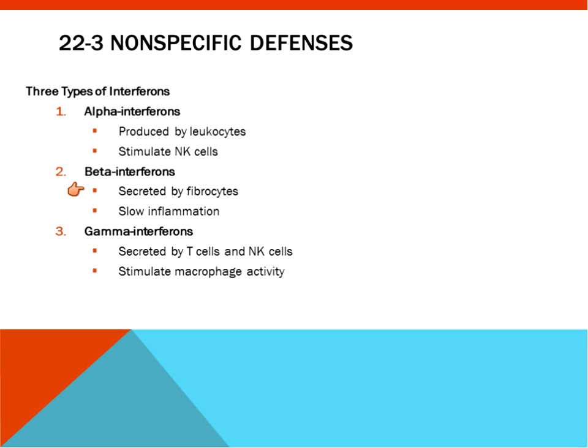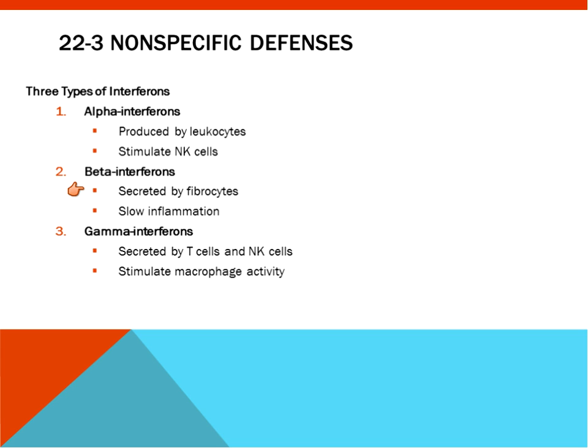Beta interferons are secreted by fibrocytes, and the job of beta interferons is to help slow the inflammatory response. As you've probably already experienced, inflammation, just like a fever, has its role that we want it to play, but inflammation that's too widespread, or whose duration is too long, is going to be really uncomfortable, and it's really not good for your regular homeostasis.